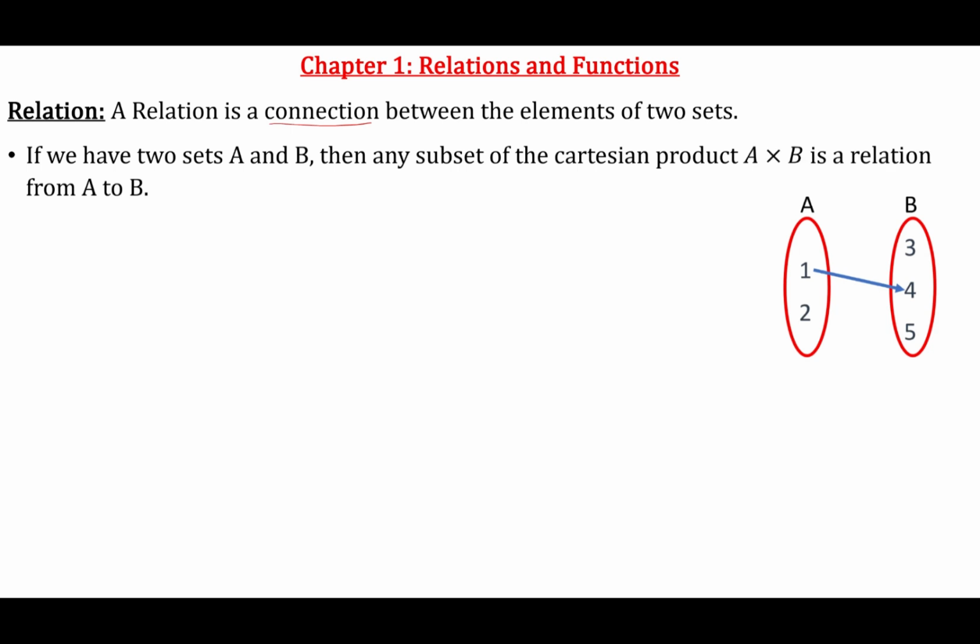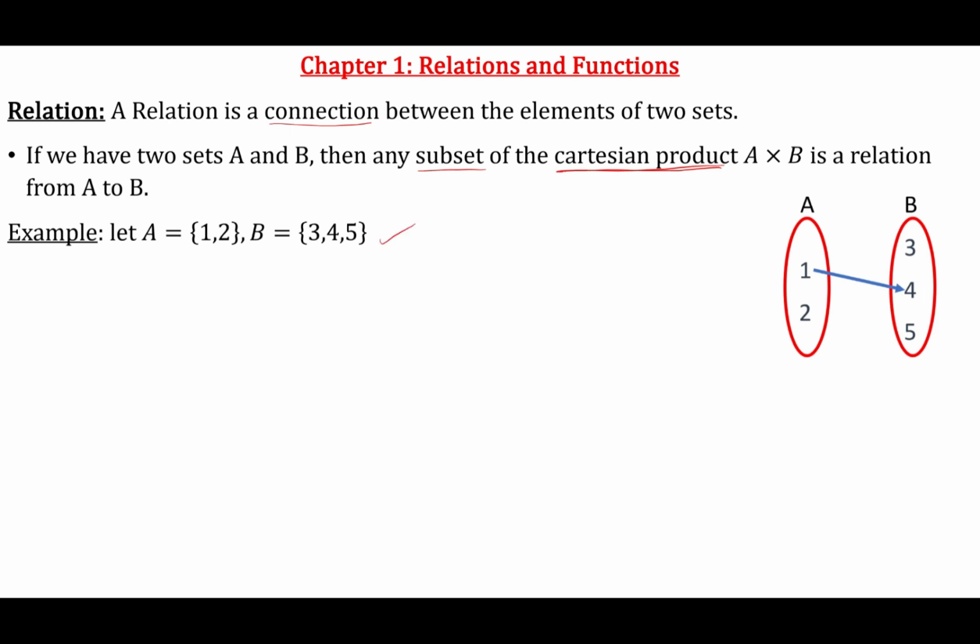Furthermore, if we have two sets A and B, then a subset of the Cartesian product A cross B is a relation from A to B. First of all, let us explain what a Cartesian product is, with an example. Set A has two elements, 1 and 2, and set B has three elements, 3, 4, and 5.